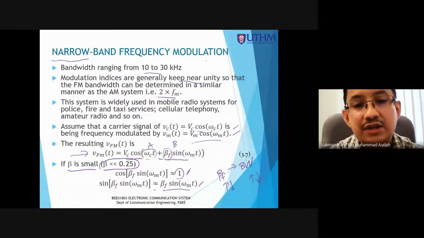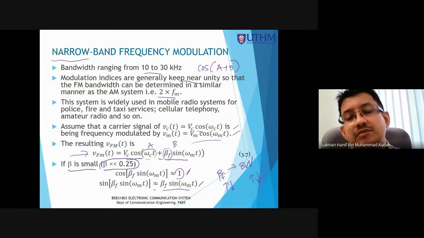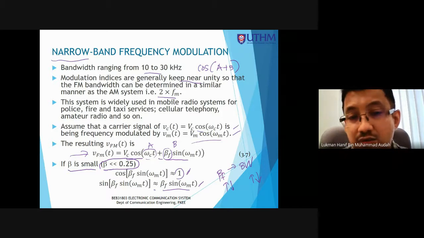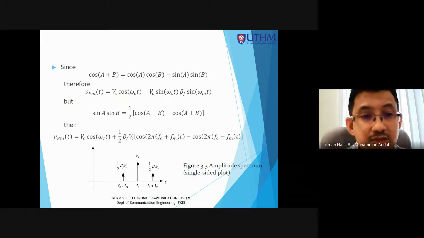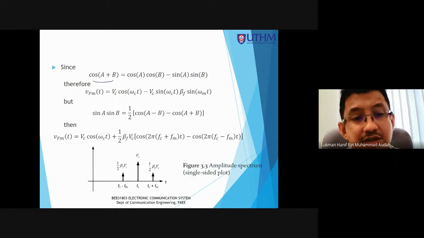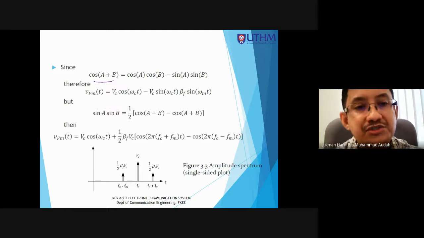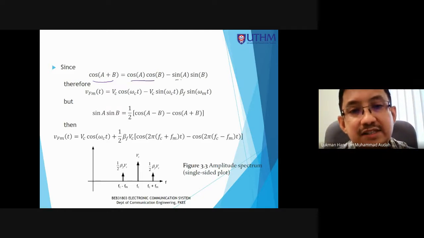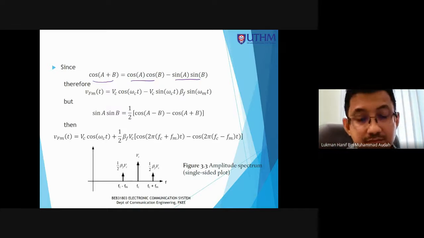Remember trigonometry identity untuk cos(A plus B). You see that cos(A plus B), using a trigonometry identity, is equal to cos A cos B minus sin A sin B. Ini adalah trigo identity.